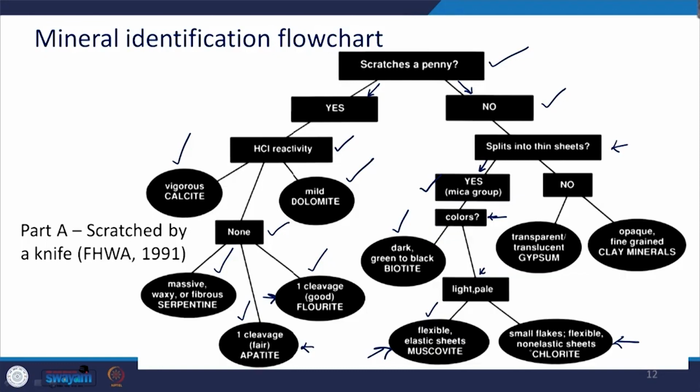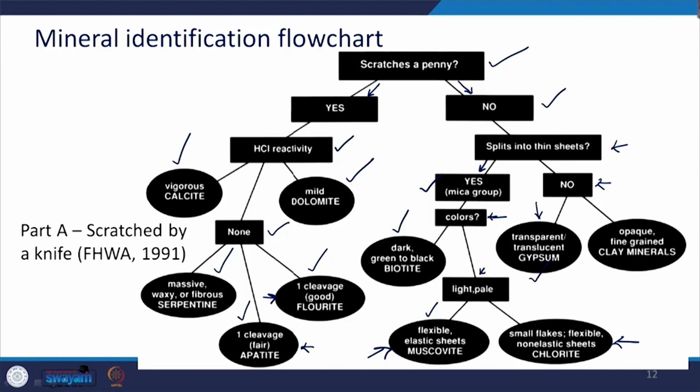Now, come back here, that if it is being split into thin sheets, we had this branch. But if it is not, then its property, like whether the mineral is transparent or translucent, comes into picture. So, if the mineral is transparent or translucent, then it is gypsum.